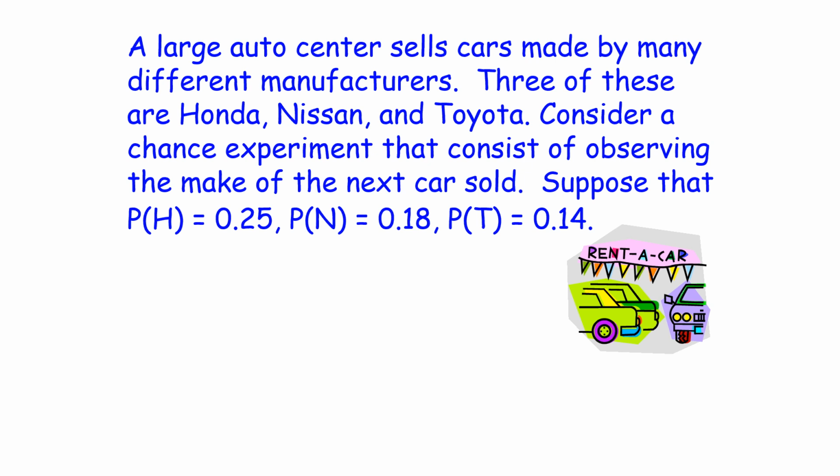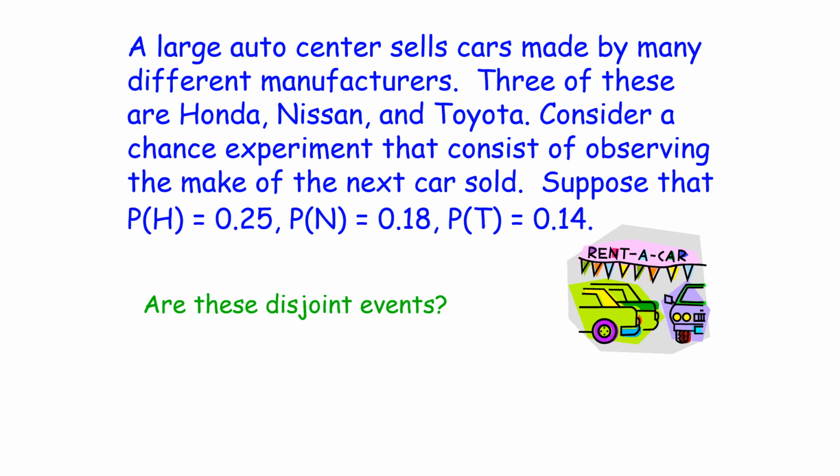So a large auto center sells cars made by many different manufacturers. 3 of these are Honda, Nissan, and Toyota. Consider a chance experiment that consists of observing the make of the next car sold. And suppose that the probability of H equals 0.25, the probability of N equals 0.18, and the probability of T equals 0.14.